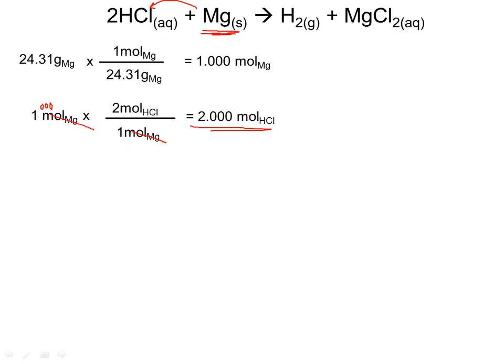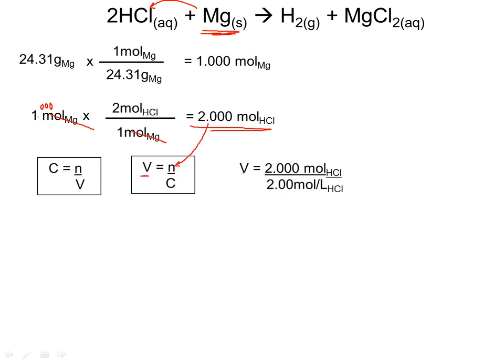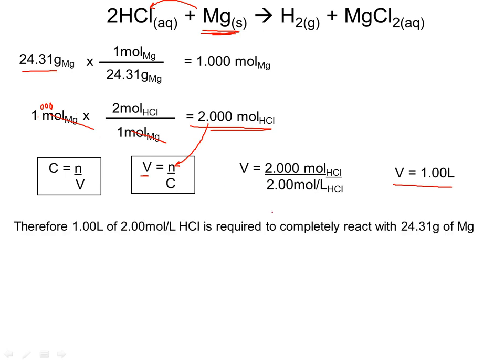So with our equation, we can rearrange it to solve for what the question is asking for, volume. We can take our number of moles and put it in for n. We can take our concentration from the question, and we have 2 moles of HCl, and the concentration is 2.00 moles per liter. So that would give us a volume of 1 liter. It would take 1 liter of this HCl to react with the 24.31 grams of magnesium.